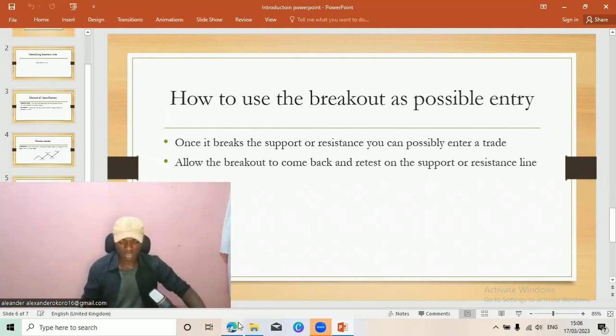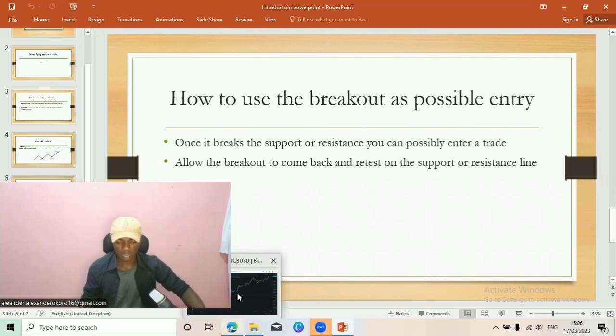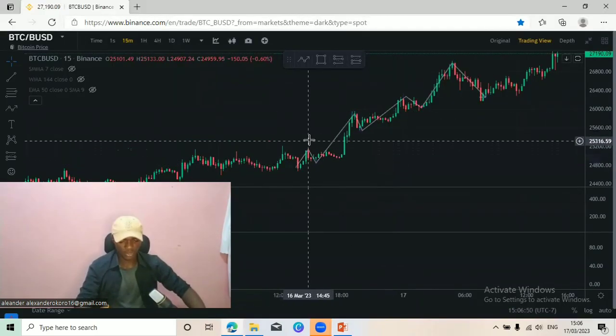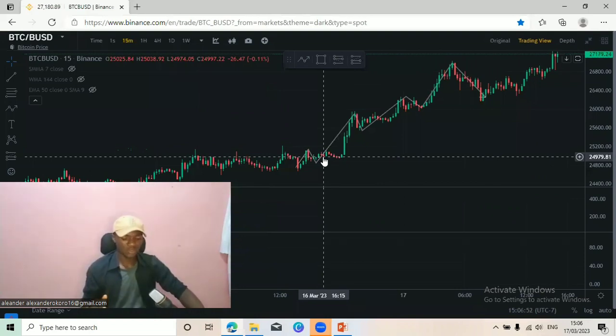Now, let's go back to our chart. This is our trend. In this trend, we assume that the market is in uptrend. Why? Because it's moving and making higher highs, higher lows, higher highs, higher lows, and so on and so forth.